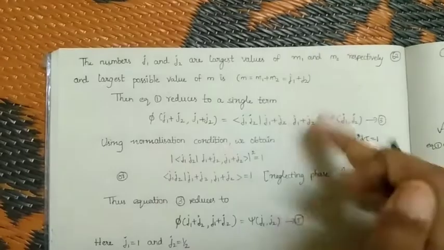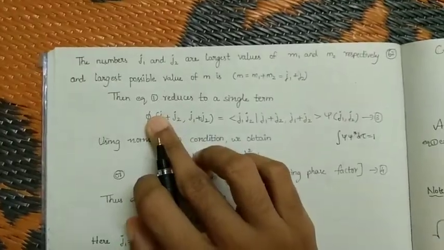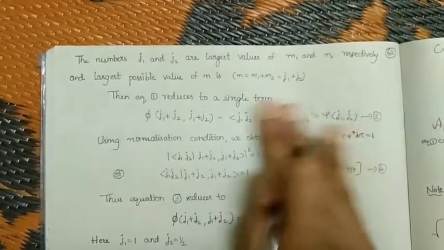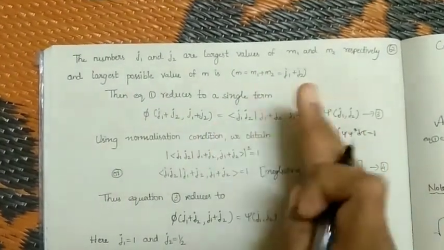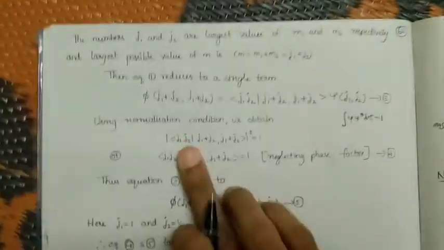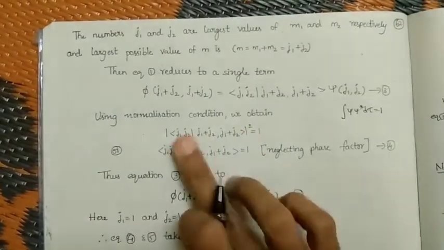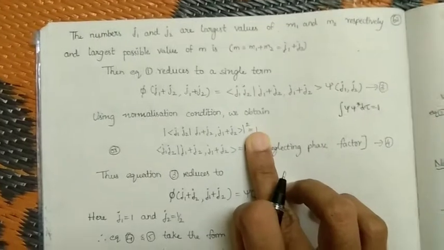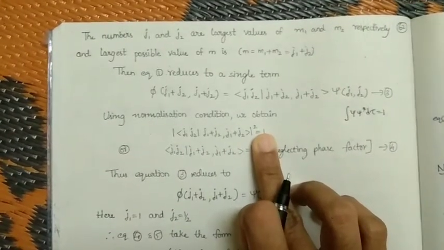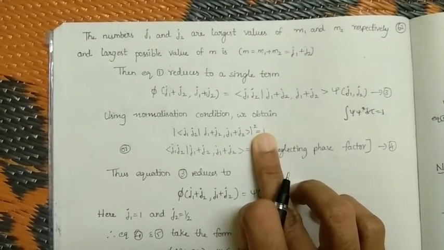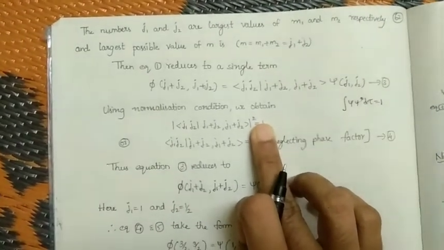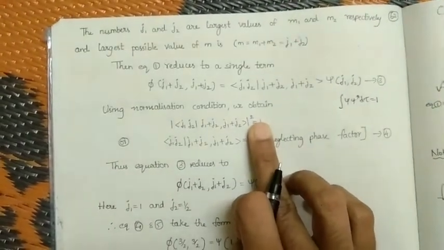On the left hand side also, the integration of phi star d tau equals 1, and what would remain is this term and its complex conjugate, both multiplied together. We would have the modulus of this whole square equal to 1, because a complex number multiplied with its complex conjugate gives us the magnitude of that complex number, whole squared.